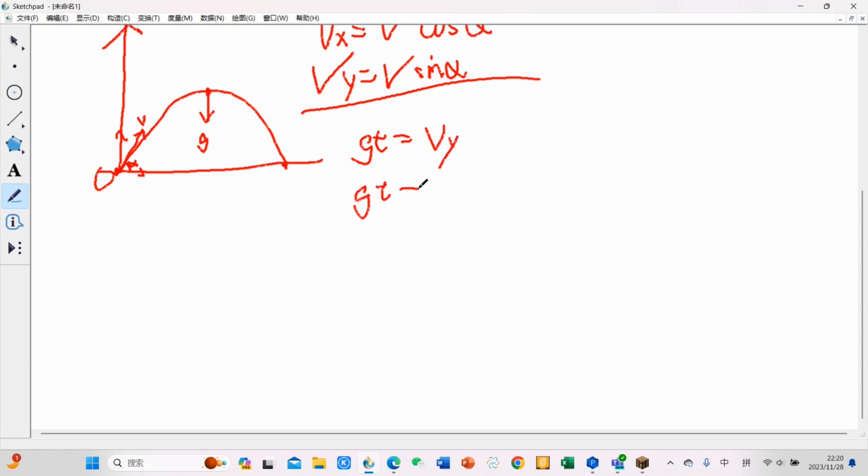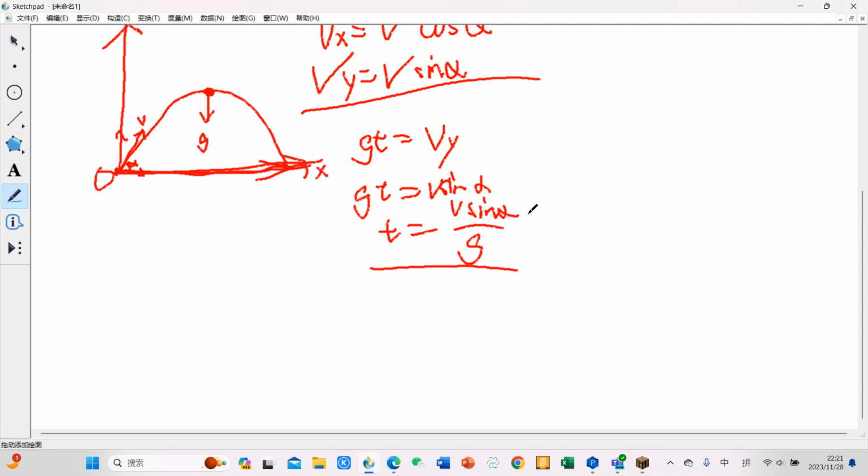So gt equals v sine alpha, and that gives t. Now we have the t when we reach the maximum point. It's horizontal here, so if it reaches here, the total t is going to be twice that.